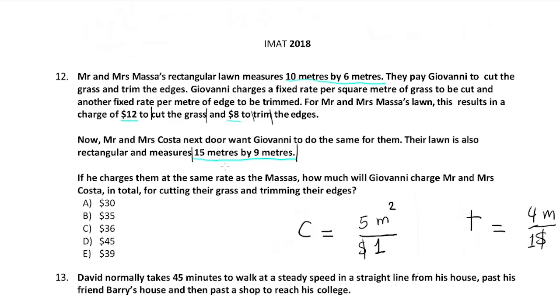So the area of the lawn is equal to 15 meters by 9. 15 times 9.